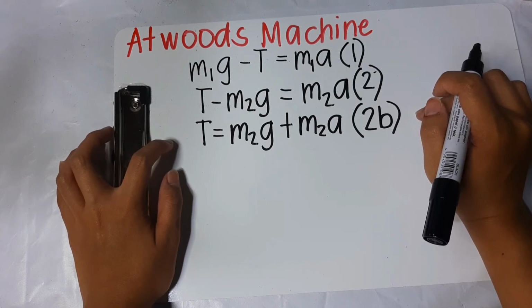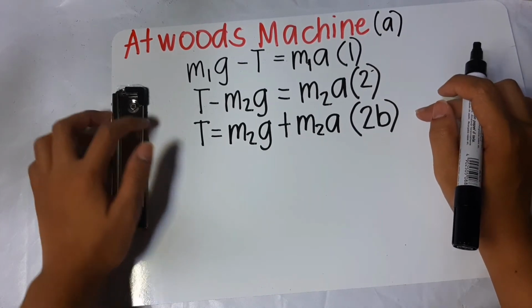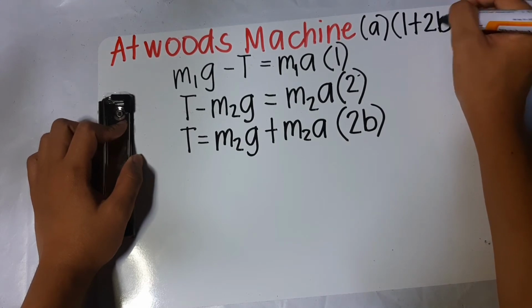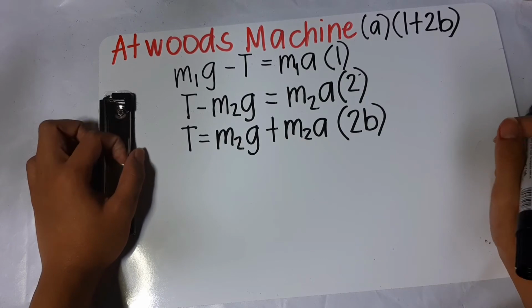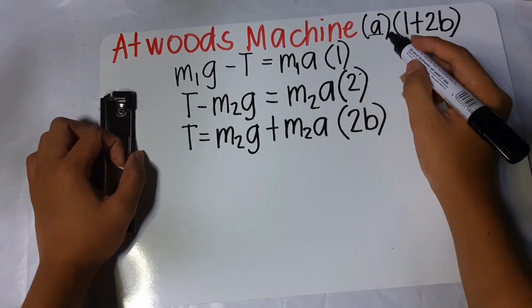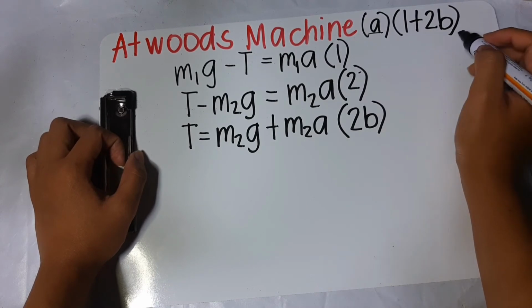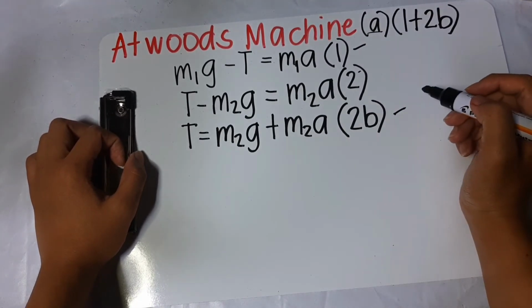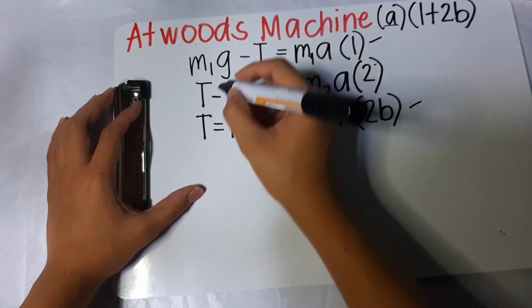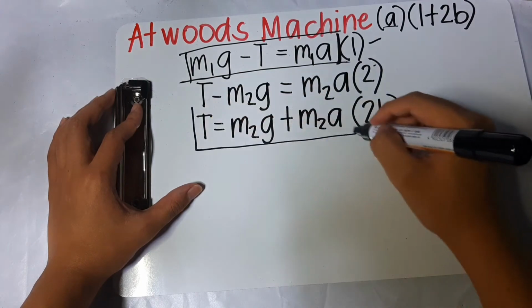In order for us to derive the formula for acceleration, let's combine equation 1 and equation 2b.